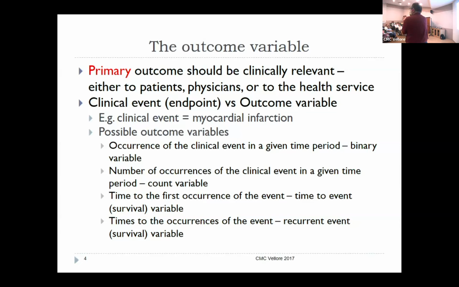Do you remember that big study I talked about yesterday of cholestyramine that set up the cholesterol one? They had minimum follow-up of 7 years of everybody. So in that 7 years, did people get a heart attack or not get a heart attack? That's all they cared about. So the outcome variable was the binary variable. Did you get a heart attack in 7 years or you did not get a heart attack in 7 years?